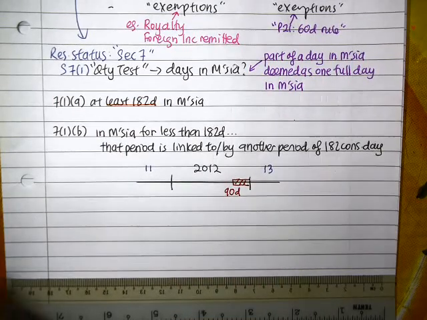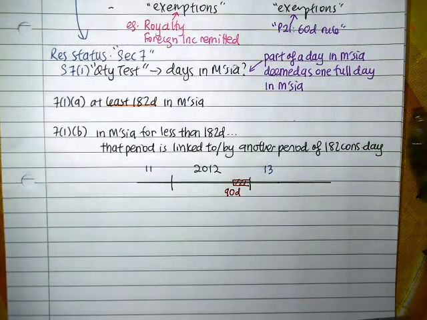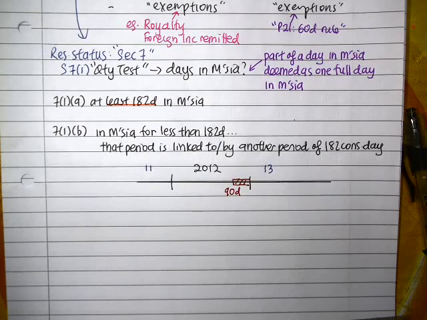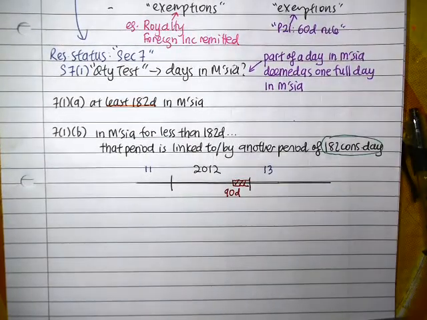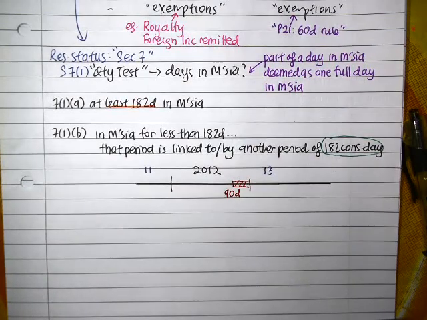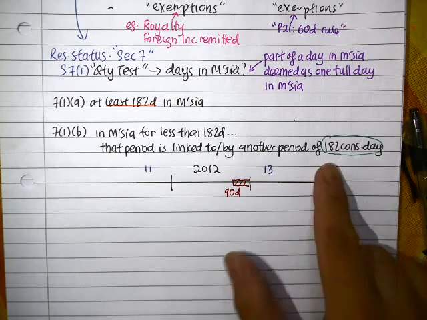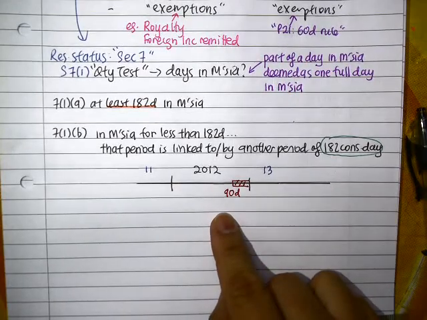Now when you want to borrow from 2013, you must borrow how many days? You borrow 182 consecutive days. That's what you need to borrow, understand? Huh? But when you borrow, you remember, you borrow from your neighbor. The neighbor must have 182. Do you count yourself? You don't count yourself.